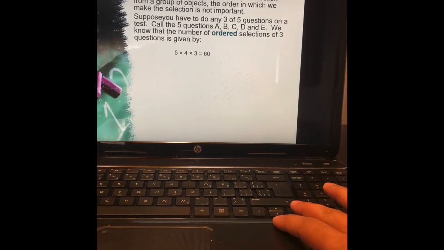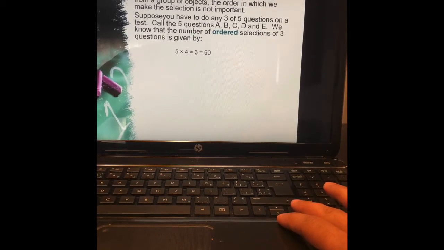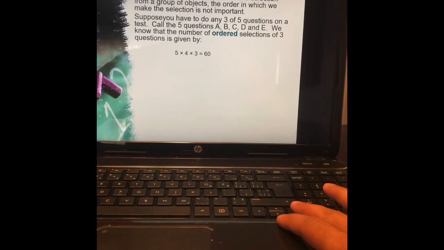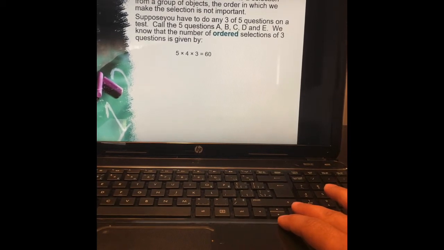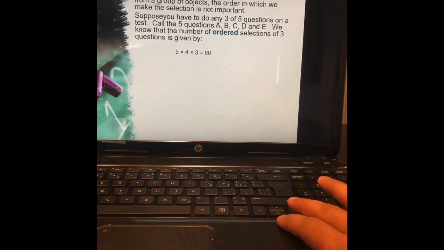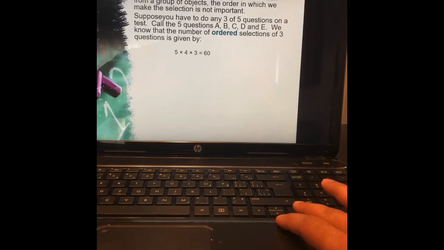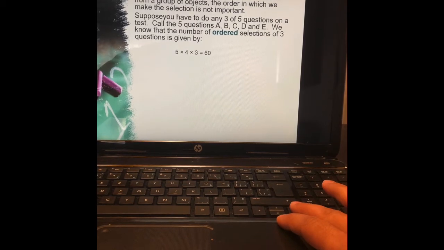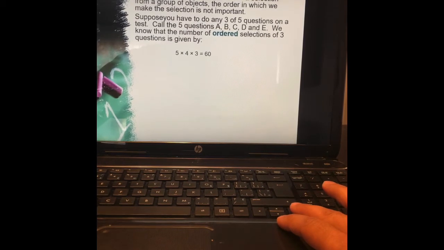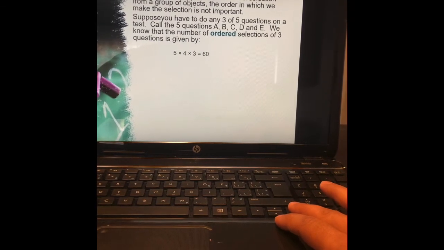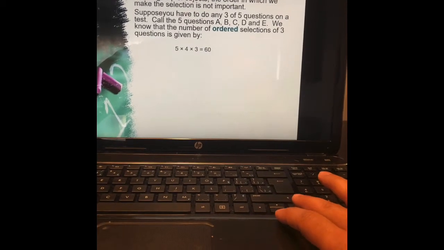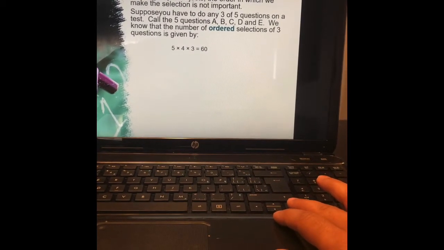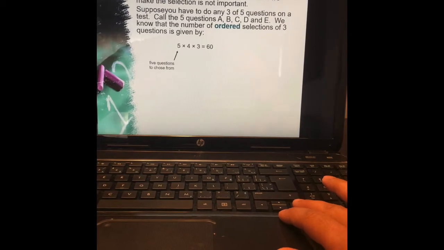You have 5 options for question 1, 4 for question 2, 3 for question 3, total of 60. That's if order mattered. But at the end of the day, whether you chose A in the first question or the second question or the third question, you still did A, and order really does not matter for a test like that.